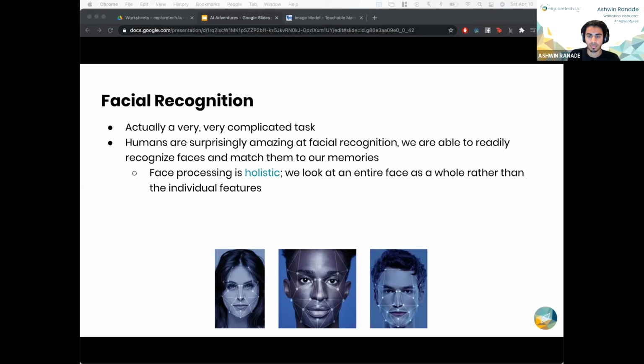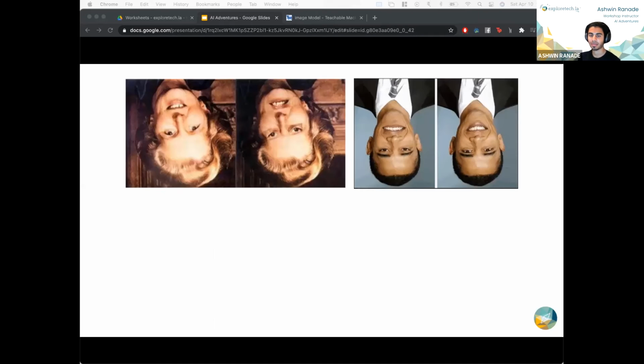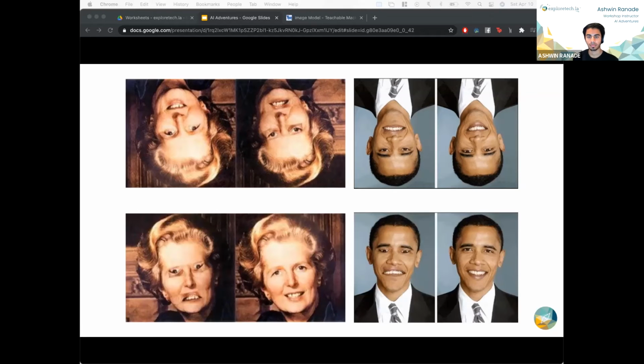And one example of this holistic facial processing is shown here. It's commonly known as the Thatcher effect, which some of you may have seen from a psych class or on TikTok. It's a pretty common effect. Basically, if I show you these faces, one's a picture of a woman, one's a picture of Obama. When we look at these faces, we didn't even recognize, or hopefully you didn't recognize, how skewed the face was. When you see these upside down, we see that it's a pretty normal face.